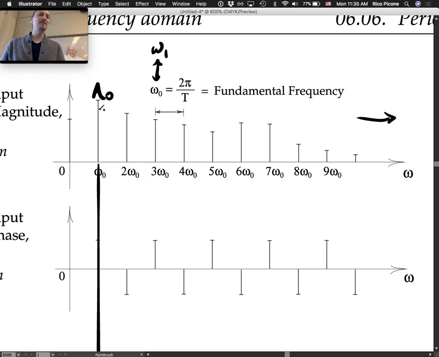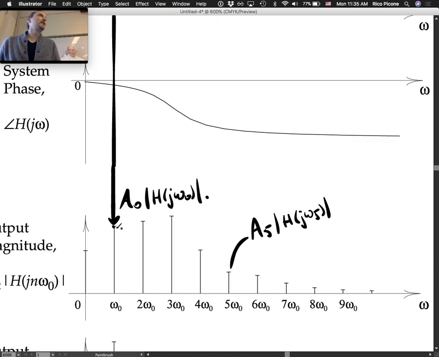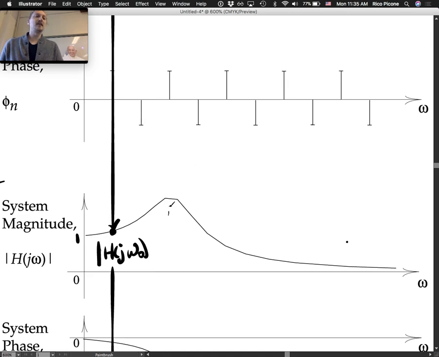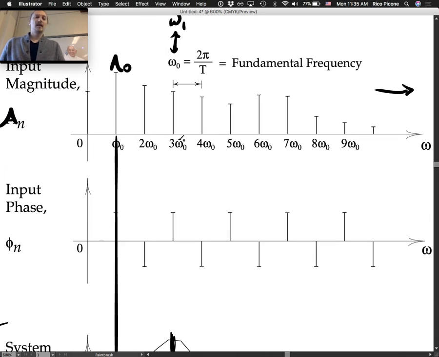So notice that down at these low frequencies, we don't expect this amplitude to change much, right? Because it's going to be multiplied by 1. So this input amplitude is pretty close to what the output amplitude is. At this resonance, we have the output greater than the input. And in this region, we expect the output to be larger, maybe a factor of 2 larger than the input. That happens at about 3 omega naught, right? So if we follow that down, we expect this one to grow.